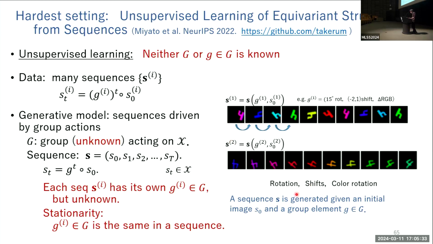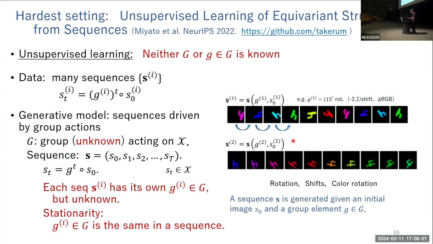In this case, our group is rotation, shifts, and color rotations. Color is not rotated in some standard way, but we make some circle in the RGB three-dimensional color space and make a group in some sense, and the rotated color is given here. Anyway, we make some group, unknown and not used in training.